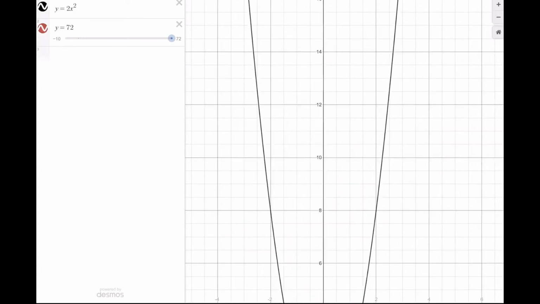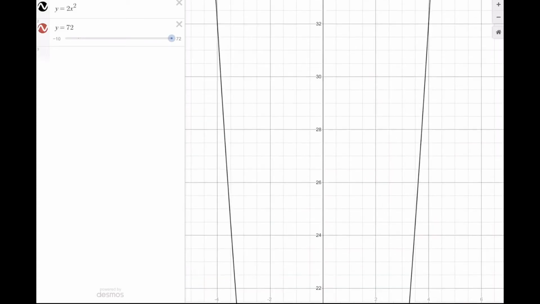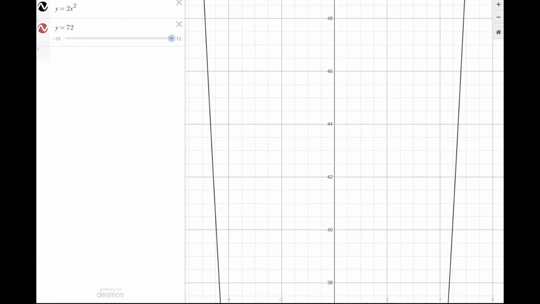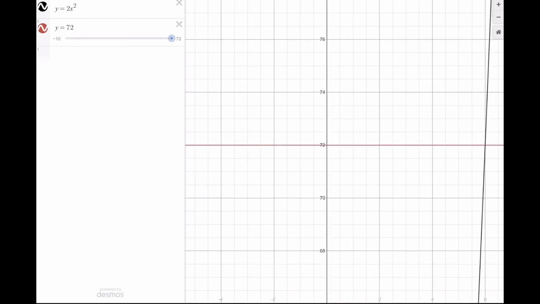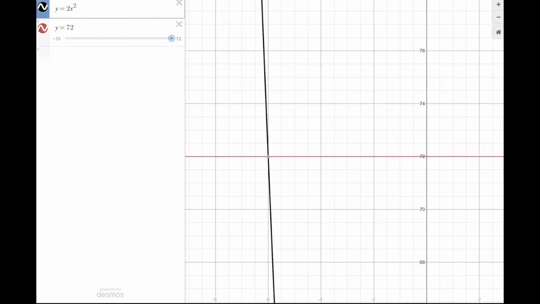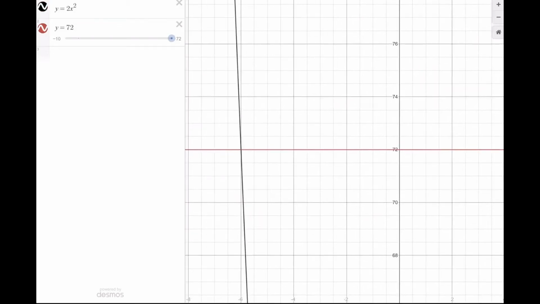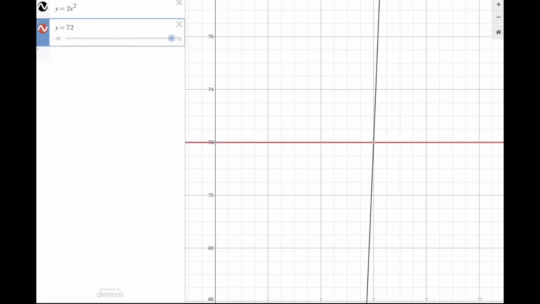If I follow the picture up, because our quick sketch said that the answer was going to be at 72 for y, if we go to 72 to the left, and we touch, we can see that the solution is negative 6, 72. And the second solution is 6, 72.